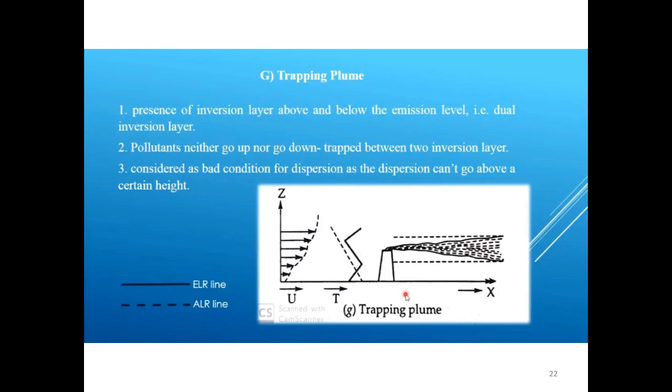As the pollutant is trapped, they can only mix within this limited area, and that's why this plume is considered a bad condition for dispersion, as the dispersion cannot go above a certain height.